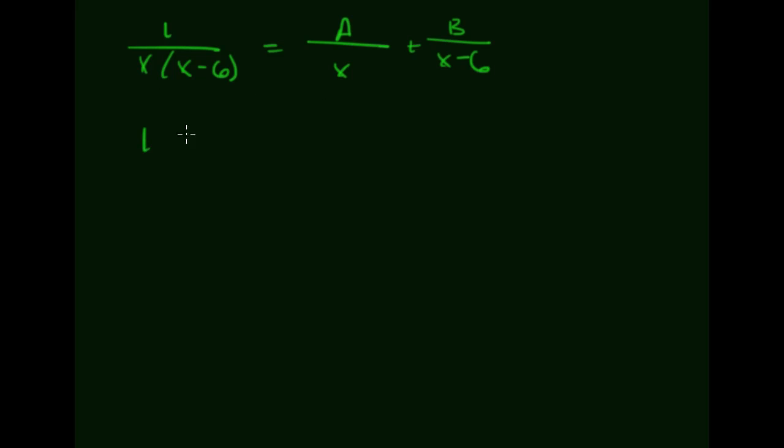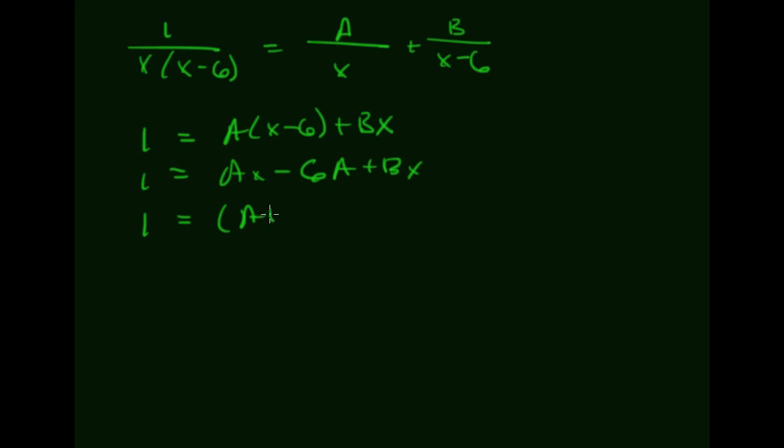You multiply through, you get 1 is a times x minus 6 plus bx. 1 is ax minus 6a, sorry, 6a plus bx. 1 is a plus b x minus 6a.